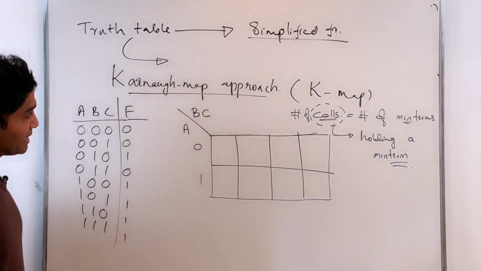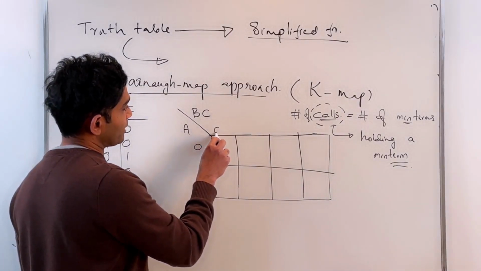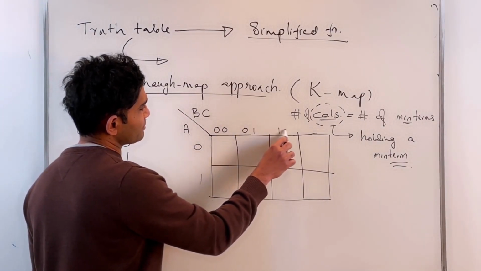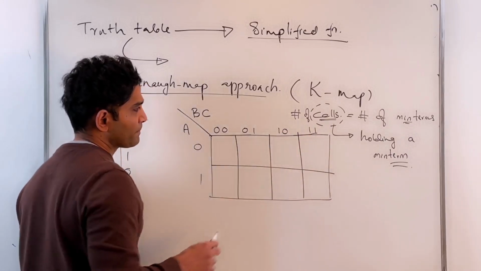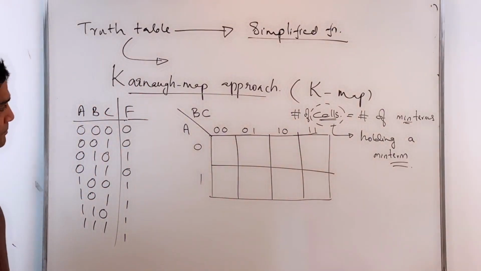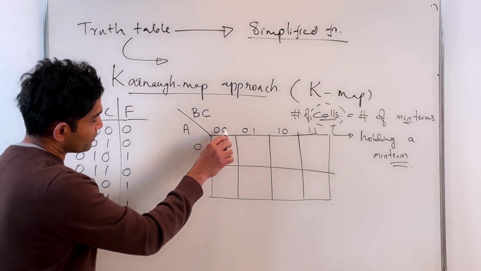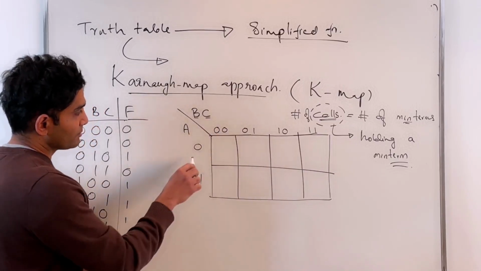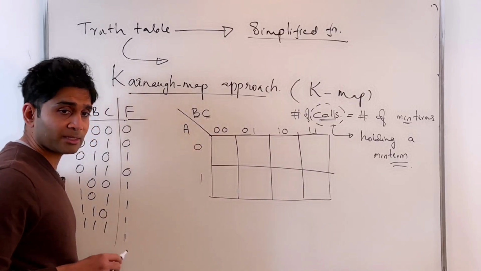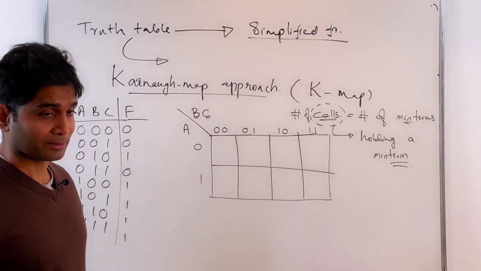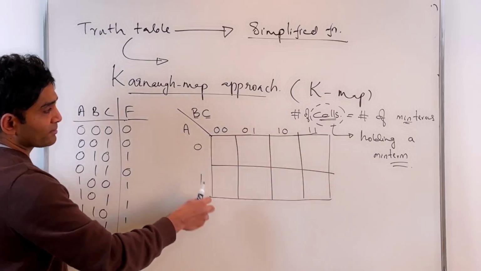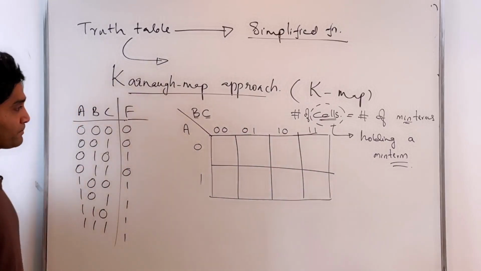B and C can take all possible combinations, so I look at all the combinations between B and C. These numbers correspond to the values taken by B and C. These numbers correspond to the values taken by A. So now in effect, I have 8 cells, 8 different combinations of the inputs.